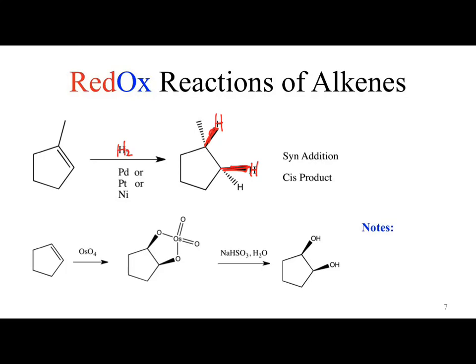Yes? When you say same side of double bond, would it be possible to have them go on the right? Yes. How would we get that? Where would the hydrogen molecule have added then? How can I get this methyl and this hydrogen in the product to be wedges?